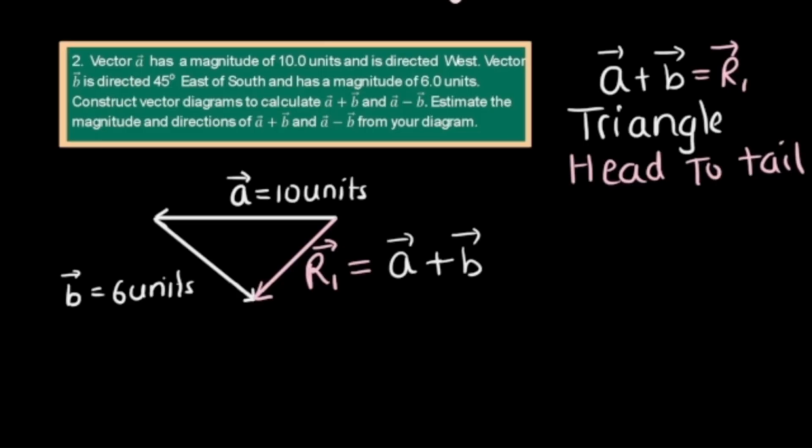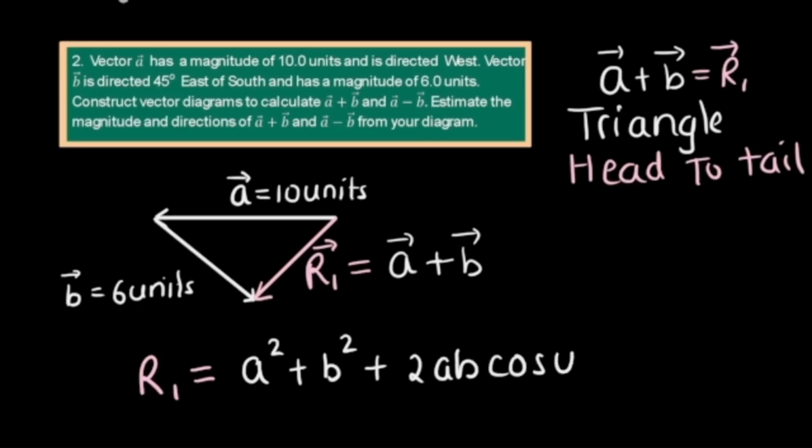But we are not done yet. We are next going to estimate the magnitude and direction of A plus B. Just a few slides back, we looked at how to determine the magnitude and direction of vector R1, that is a vector sum of two vectors, A and B. And the magnitude of vector R1 equals the square root of A squared plus B squared plus 2AB cosine theta.